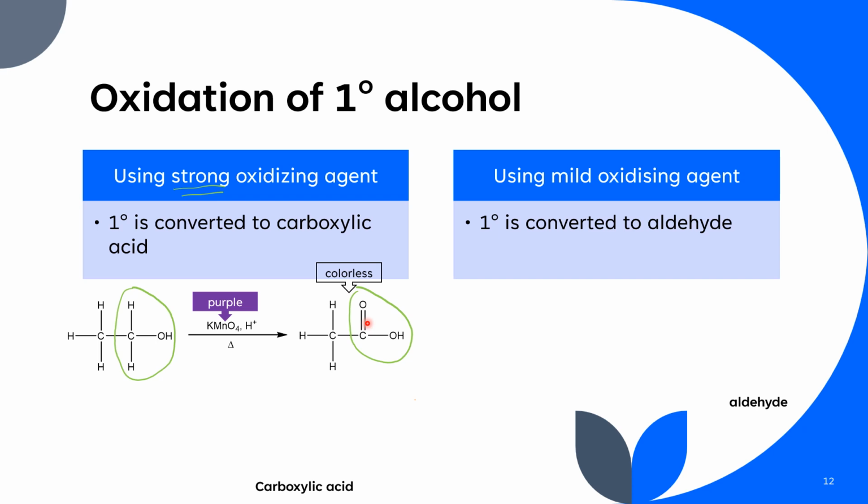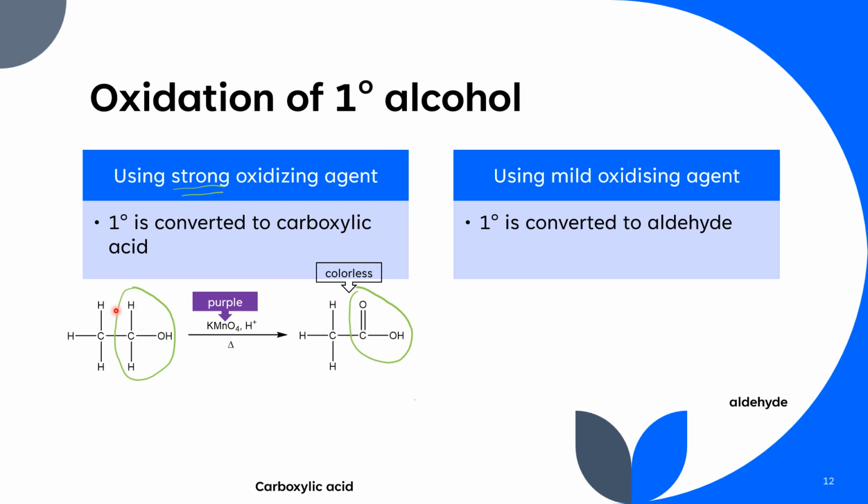Okay, so when the colour changes from purple KMnO4 to colourless, this shows that there is formation of carboxylic acid. Okay, so remember how to draw the product for oxidation of primary alcohol by using strong oxidizing agent.